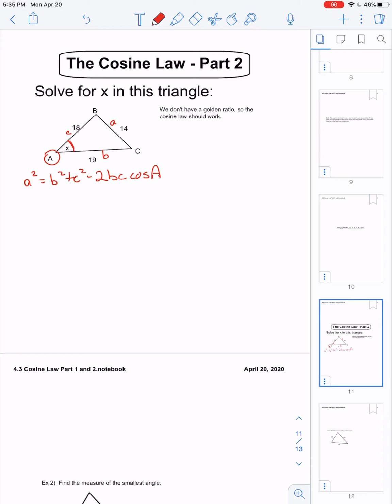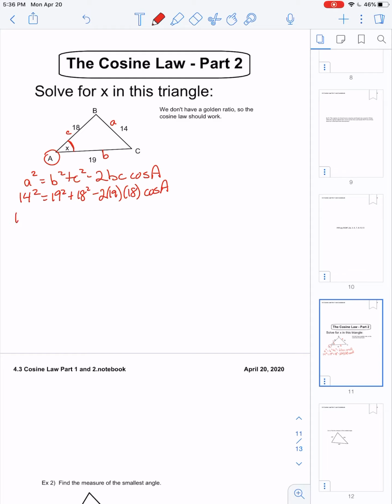And so we're going to now start substituting values into the formula. So A is 14, B is 19, C is 18, and cos of A we don't know.